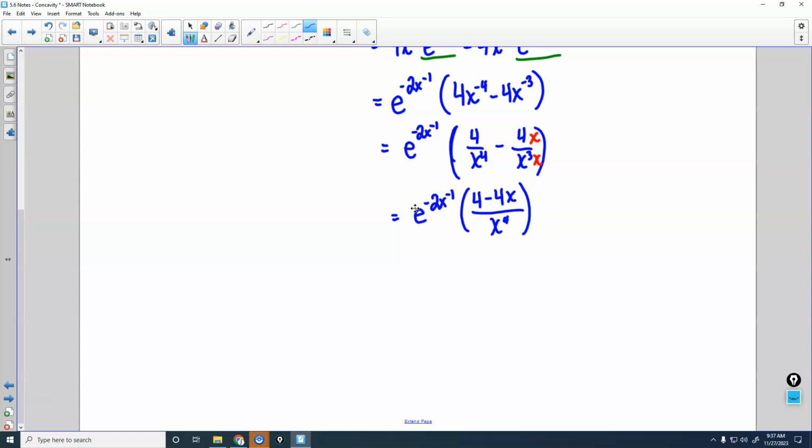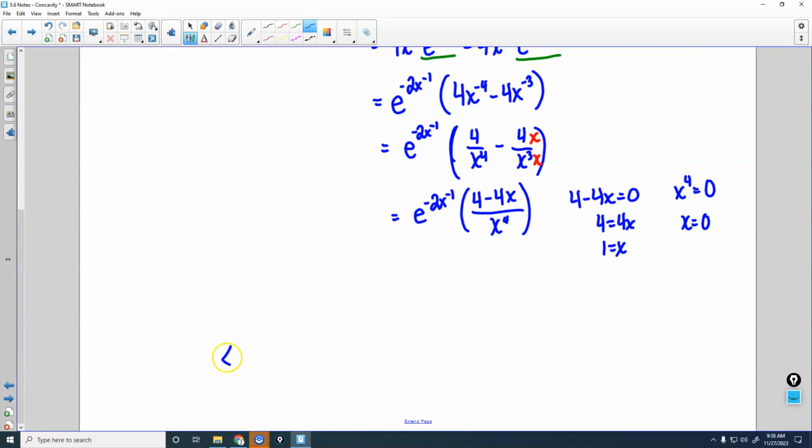You can basically just leave it off if you want. What you really need is the numerator: 4 minus 4x equals 0, then 4 equals 4x, which gives you 1 equals x. So 1 is one of your critical points. And then you also can have the denominator equal to 0, so x^4 equals 0, which gives you 0.